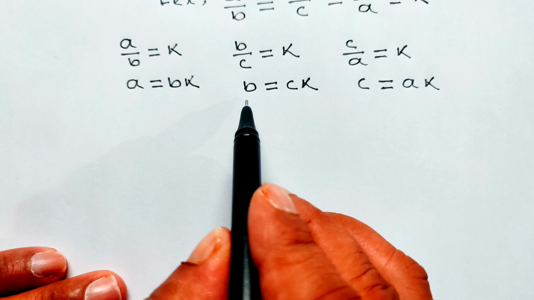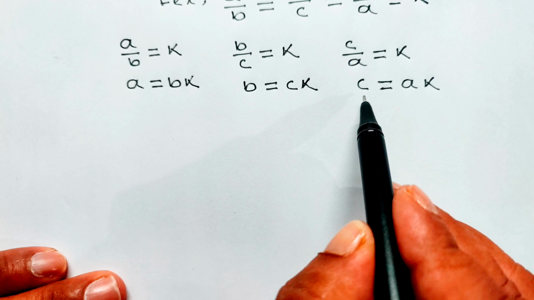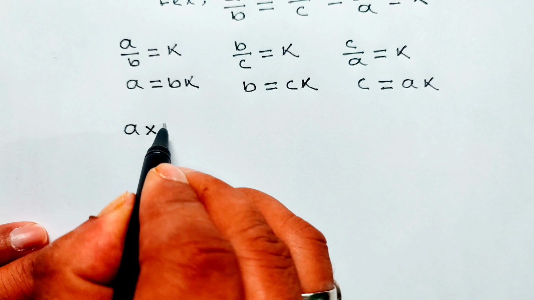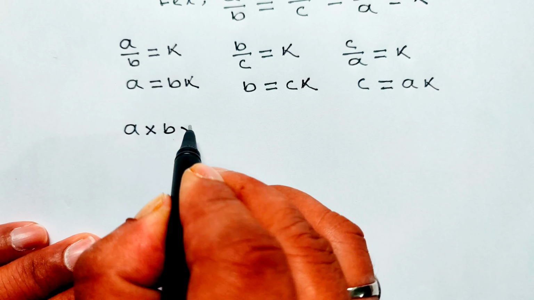Multiplying A, B and C, then we get A into B into C equal BK into CK into AK.